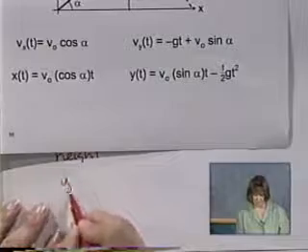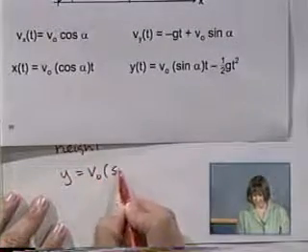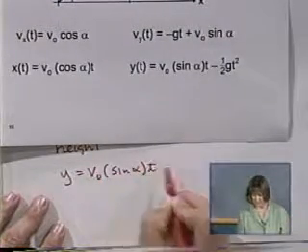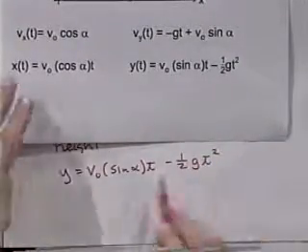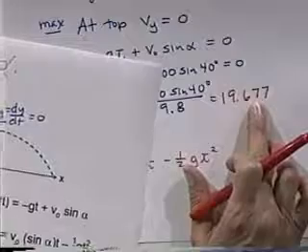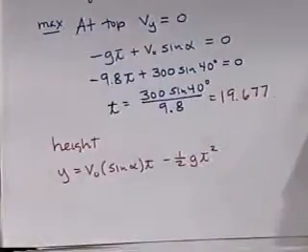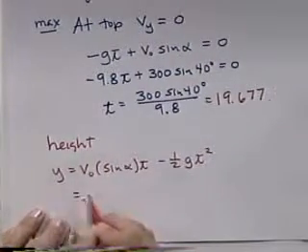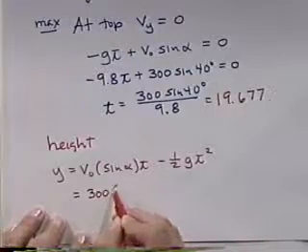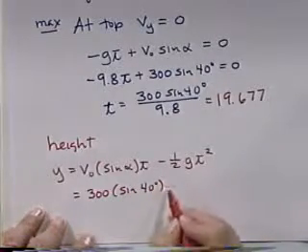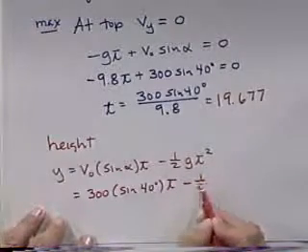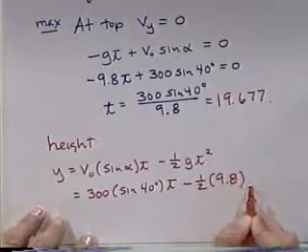So I'm going to take my y equation, which is v naught times sine alpha t minus 1/2 g t squared, and plug in this 19.677. My v naught was 300, my angle was 40 degrees, and this is going to be 9.8 times t squared.